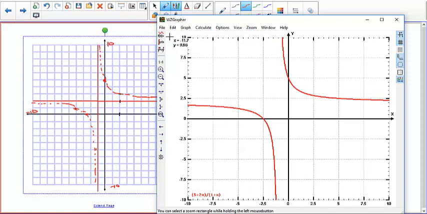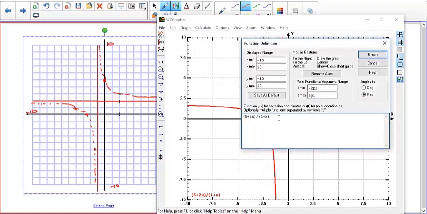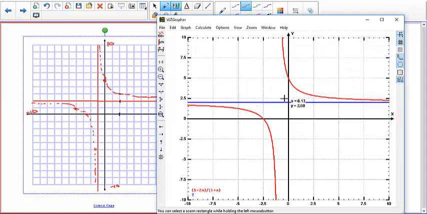You can see if I plot y equals 2, that's my horizontal asymptote. My vertical asymptote is going to be x equals negative 1, which is right here. And you can see it crosses the x-axis here at negative 2.5. So that looks pretty good.